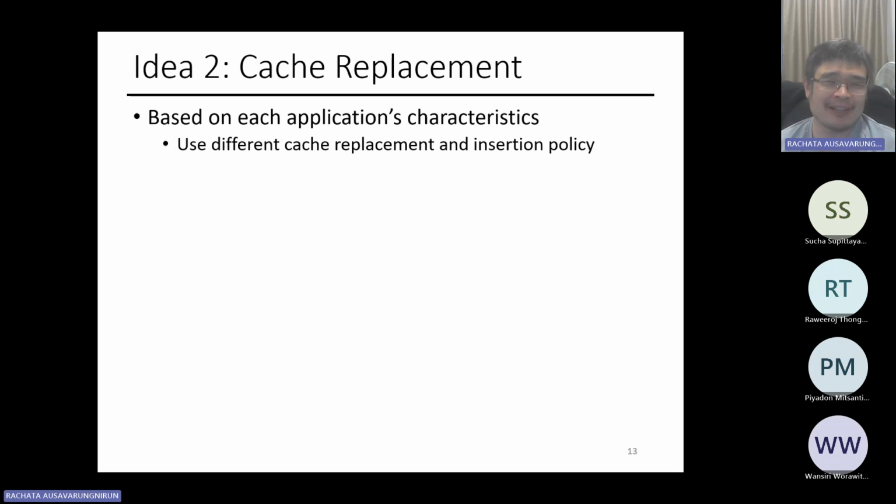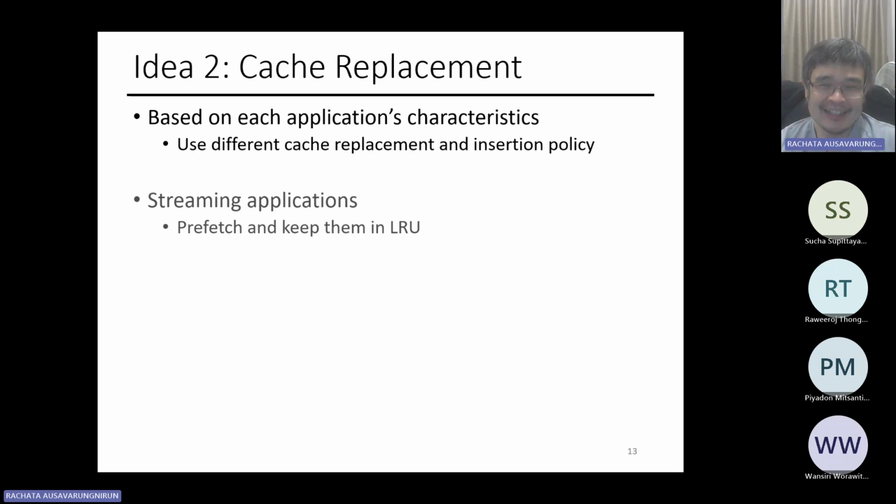Second idea is cache replacement. Basically, based on each application's characteristics, I would use a different policy. If I have a streaming application, it means that I access A1, A2, A3, A4, everything in sequence. Because I access everything in sequence, it's easy to predict what I need in the future. So I can prefetch.